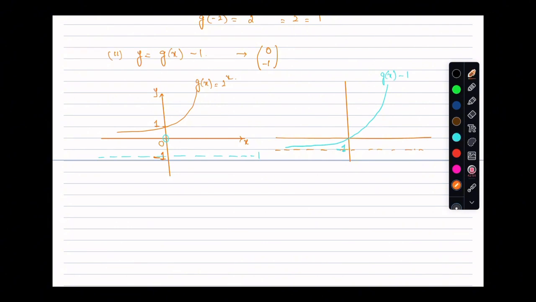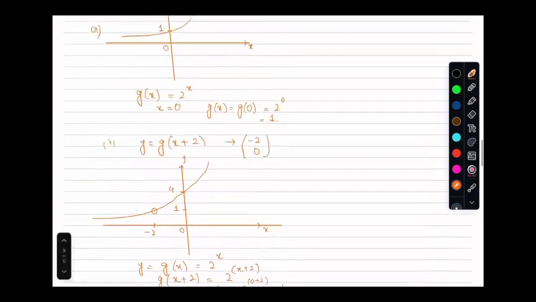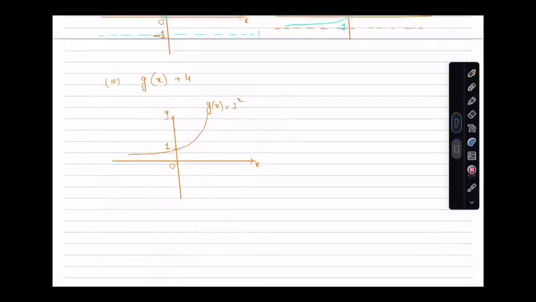Now let's do the third part. The third part says it should be g of x plus 4. What I know here is that the transformation shall be for 0 and a positive 4, meaning the graph now has to shift by 4 units upwards.